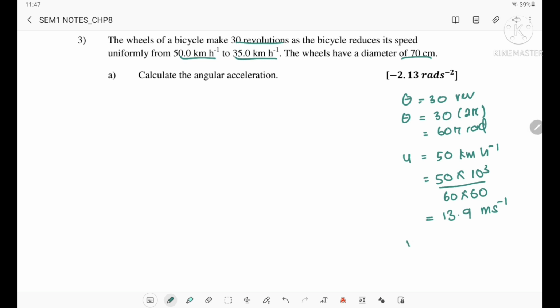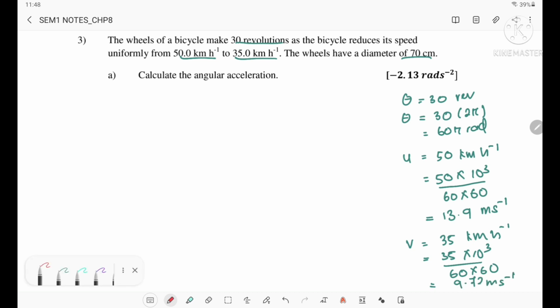Then v is equal to 35 kilometer per hour. This one also you need to convert into meter per second first. So 35 times 10 to the power of 3 to convert to meter, divided by 60 times 60 to convert to second, and we have the answer 9.7 meter per second.